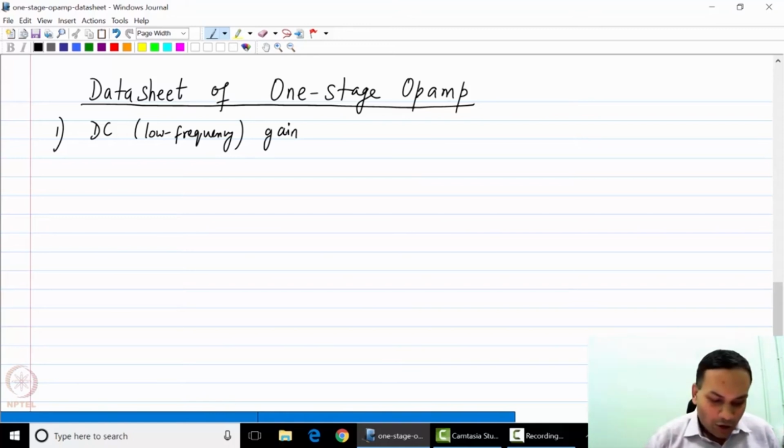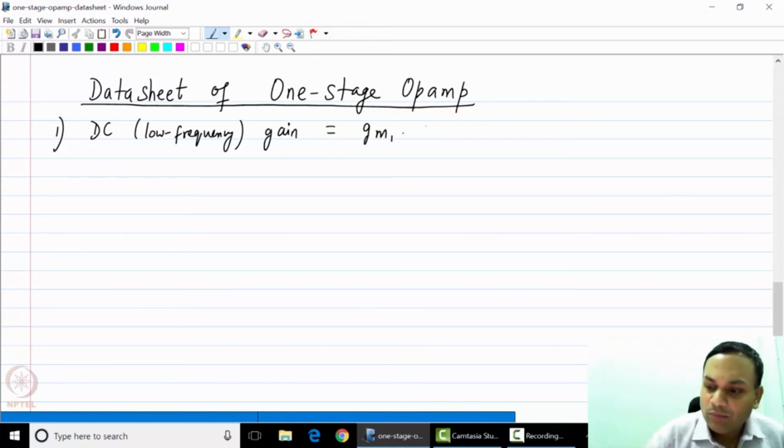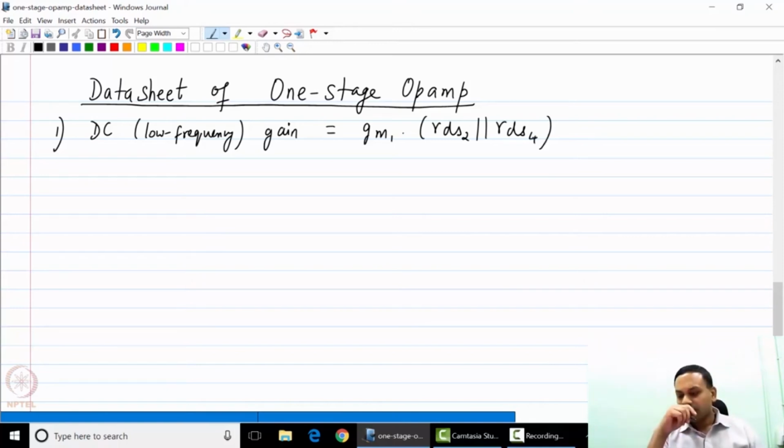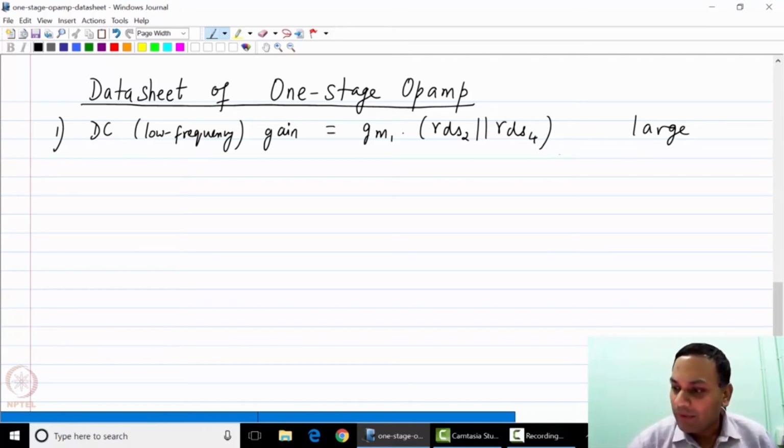So the DC or low frequency gain of the op amp is nothing but gm1 into rds2 parallel rds4. Now please note that this gain is quite large, and you would expect that this would be of the order of the intrinsic gain of a transistor.